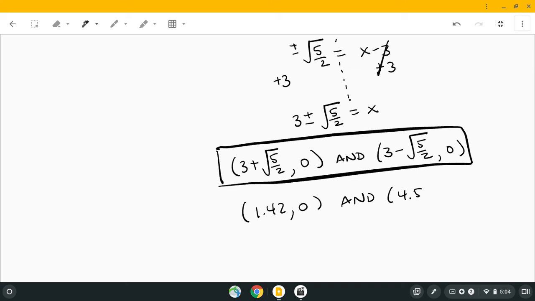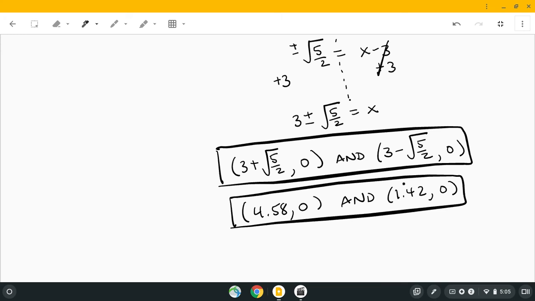That doesn't make sense. Oh, I have them switched. Sorry. This one is 4.58. And this one is 1.42.